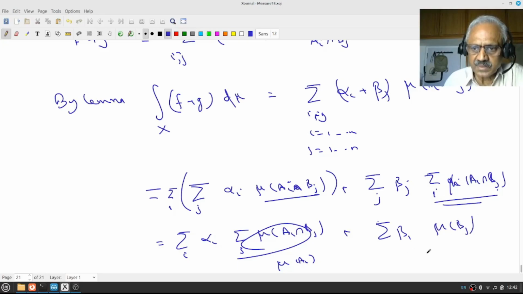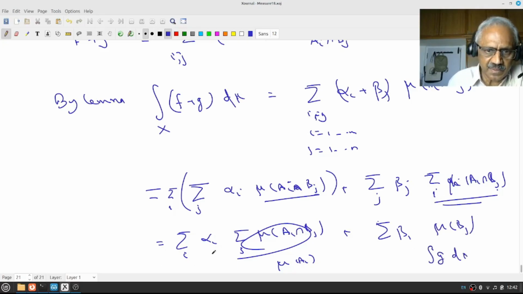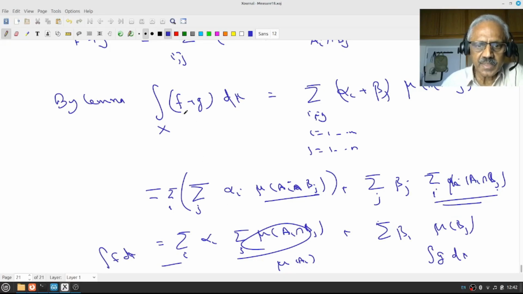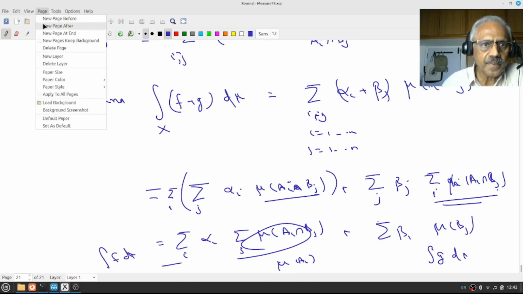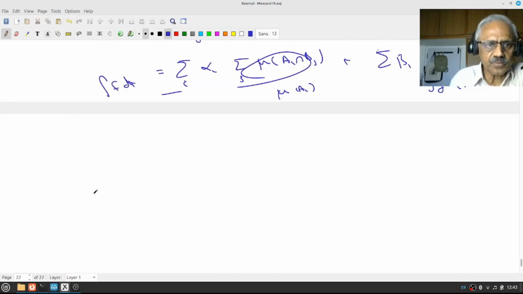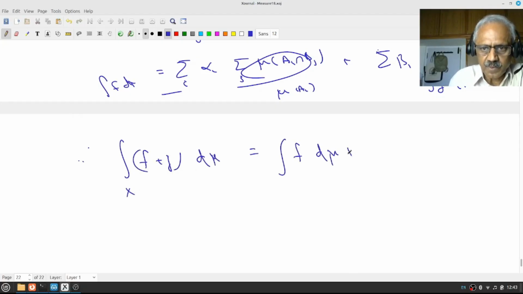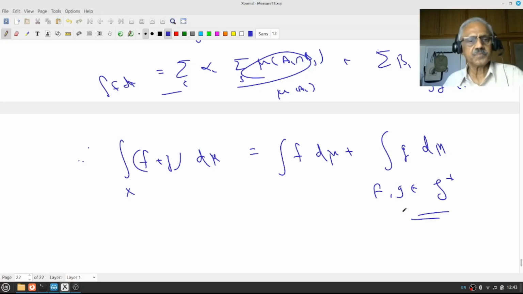But this is nothing other than integral of g d mu, and this is nothing other than integral of f d mu. So we have shown that integral of f plus g d mu over x is integral of f d mu plus integral of g d mu, where f and g are positive simple functions.